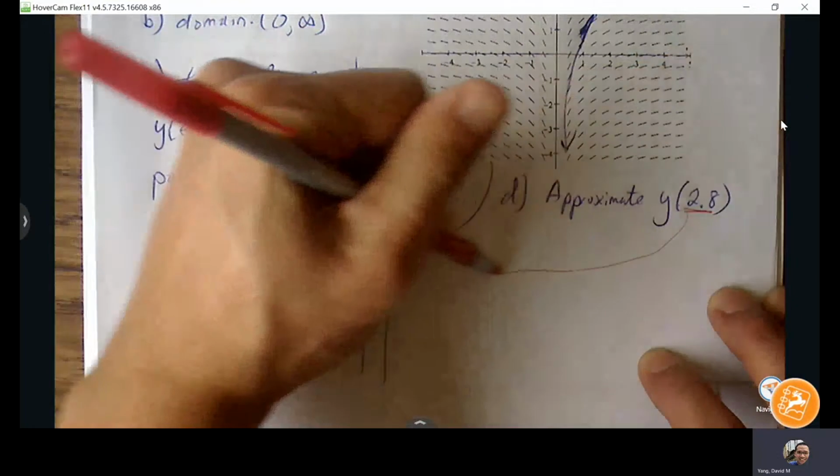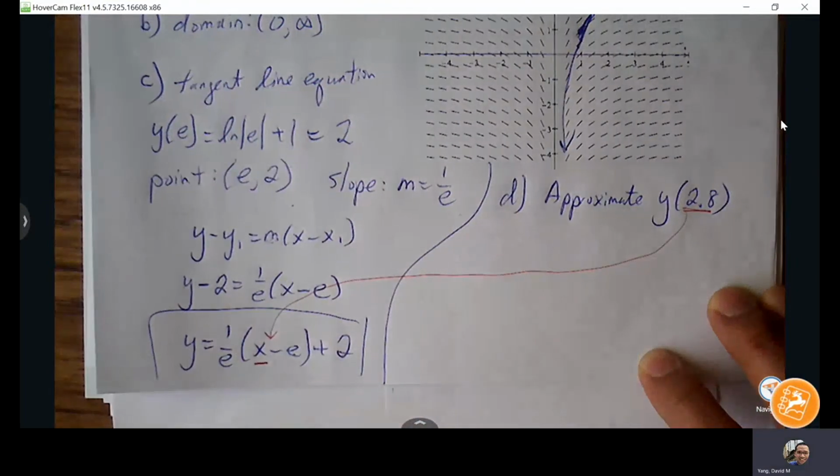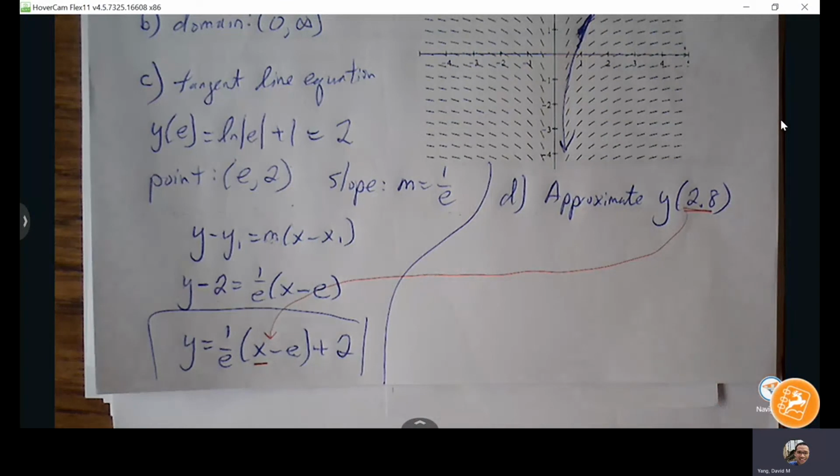Good, into your tangent line equation, right? So you should feel like linear approximation is an easy process, right? If you have a tangent line equation in front of you, all you're doing is substituting the x with the decimal that they give you. Plug that in. The rest, make the calculator find that decimal approximation for you.